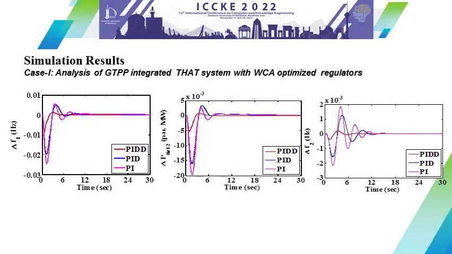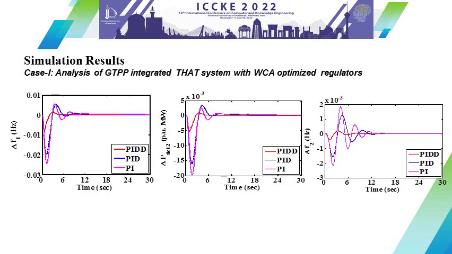Coming to the simulation results, we analyzed the two-area hydrothermal system with GTPP incorporation in three cases, and this is case one: analysis of the GTPP integrated two-area thermal hydro system with water cycle algorithm based controllers.